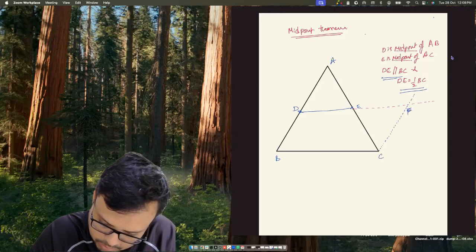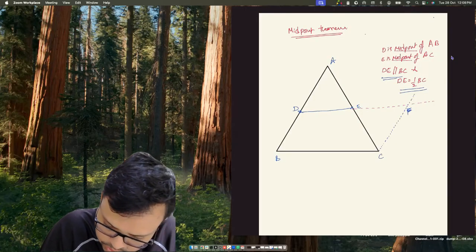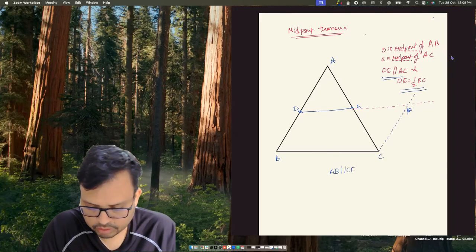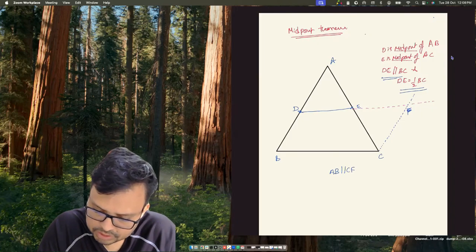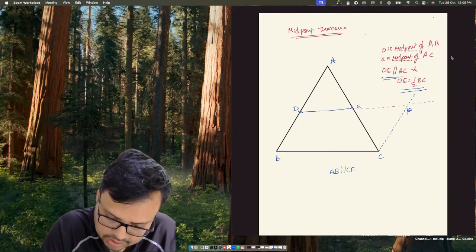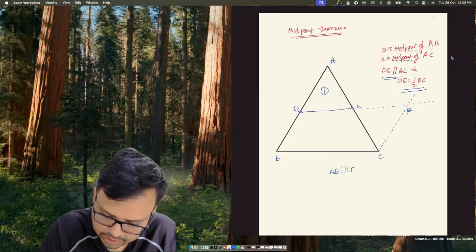We call this intersection point F. So we draw a line CF which is parallel to AB. Let's call this triangle ADE as one, and let's call the other triangle as 2.